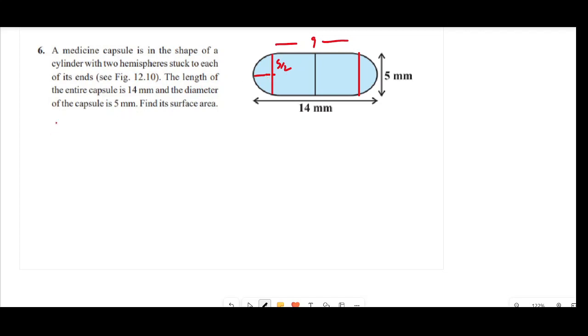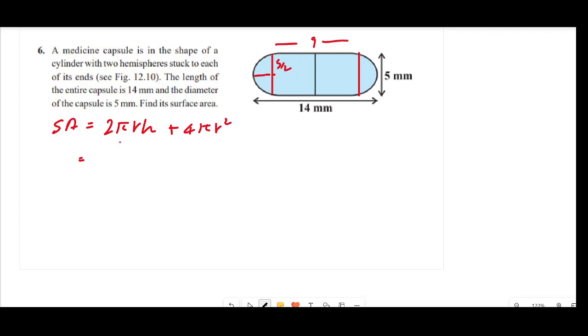Now find the surface area. First we should recognize this is a cylinder, and the area of the cylinder will be 2 pi rh. Now what is the area of a hemisphere? Because there are 2, we can make it 1, 4 pi r square.